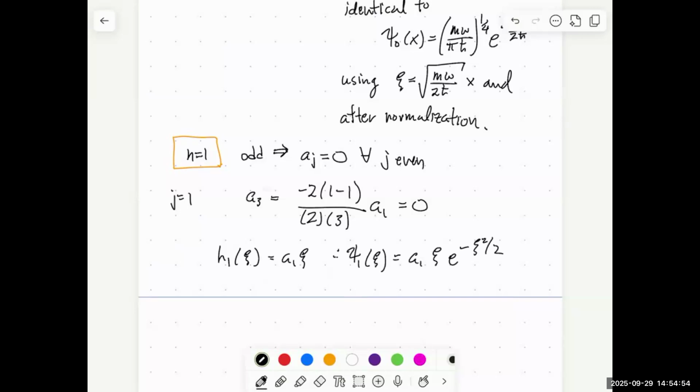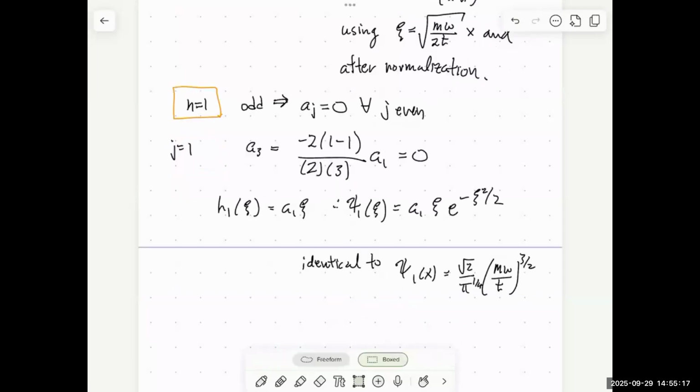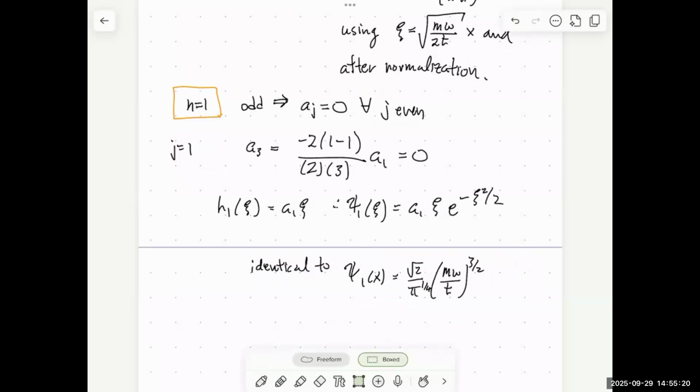Again, this is identical to psi1 of x, which we wrote down at the beginning. Let's see, I don't remember what all the normalization constants were, but I got them here. Then z, and it's always the same exponential factor, x squared. All right.